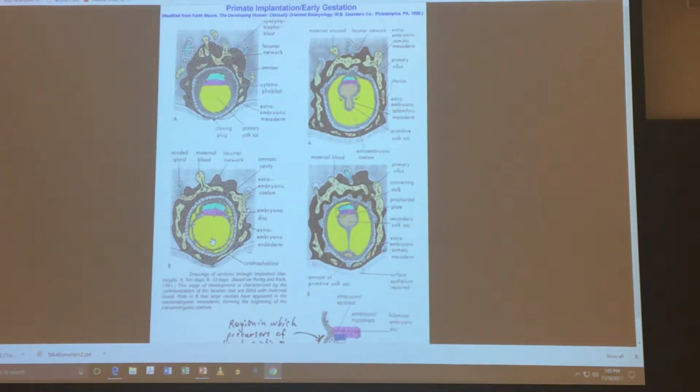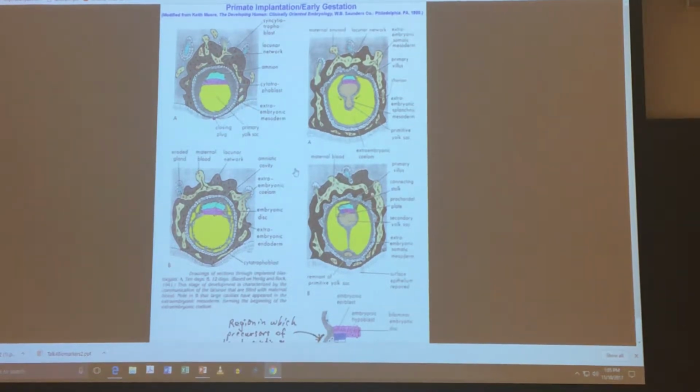So you go from what used to be the yolk sac here and the amnion, and you start to form what is going to become the coelom here, and this is going to go on and form the chorionic area. Chorion filled with fluid, as does the amnion.